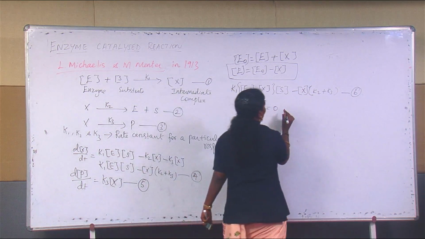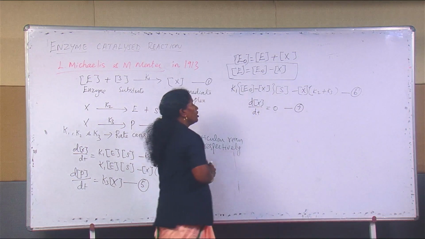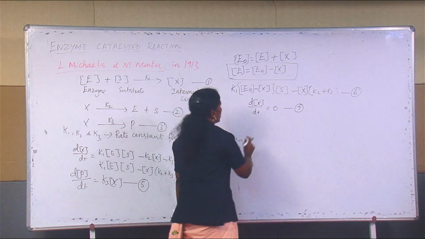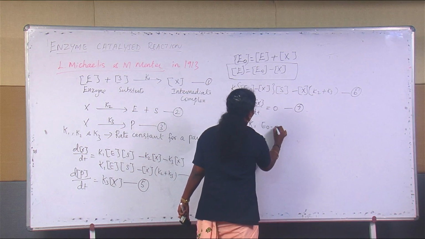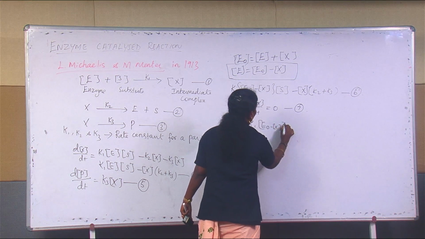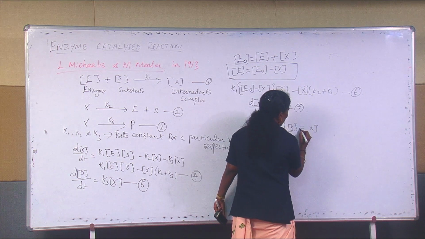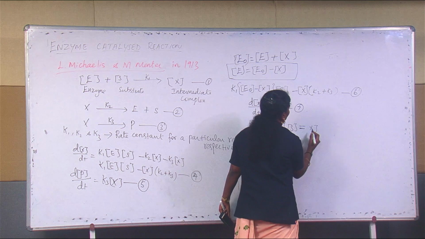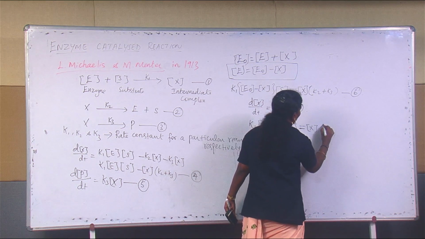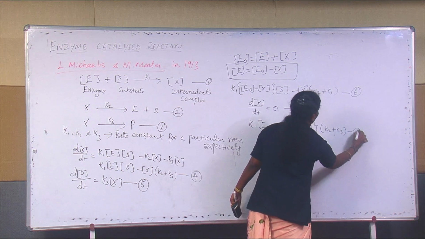This is equation number 7. At this stage, equation 6 can be written as K1 E0 minus X times S equals X times (K2 plus K3), because the left side is 0. This is equation number 8.